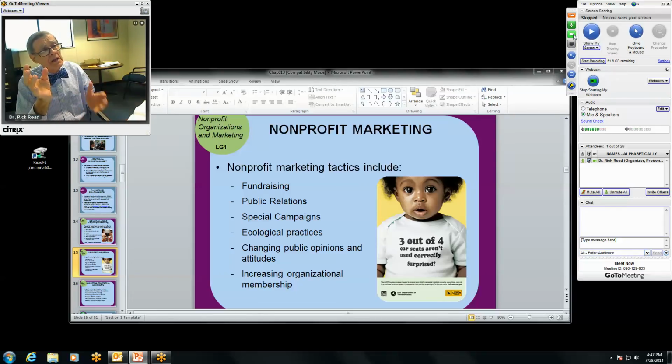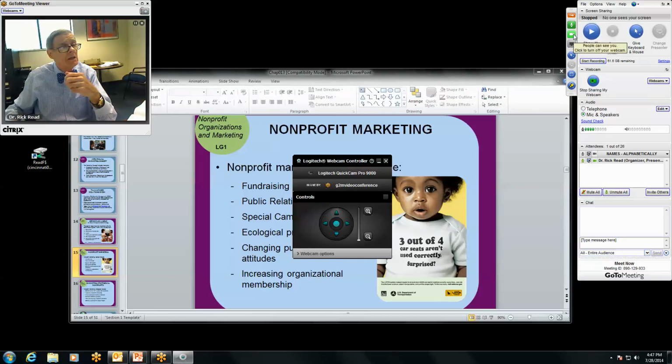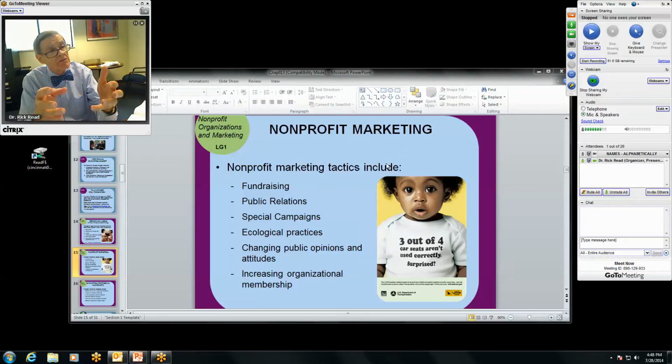Nonprofit marketing is a little bit different because notice the first thing they're into is fundraising. They need to get funds for a number of things, funds to support the programs that they offer, and then secondly, they need to get funds for operating. They have people who work for them, salaries have to be paid, and of course, wherever they are, the utilities have to be paid, and the rent has to be paid, and a few other things.